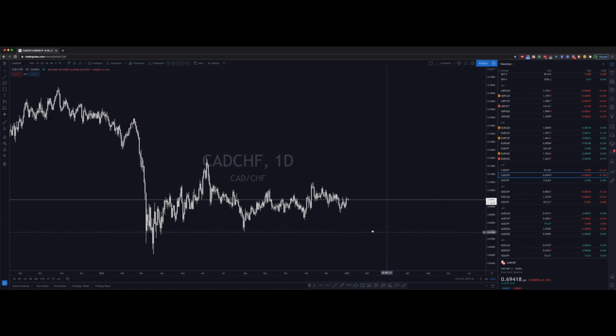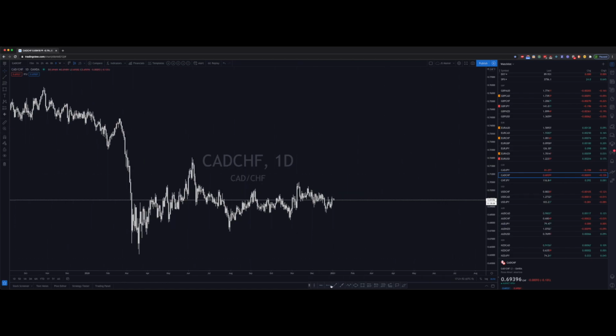CADCHF sideways, and all these pairs just moving sideways. Let's see, connect these lows, boom. So you have an uptrend happening on the daily. What we could probably look for with a nice momentum move would be a breakthrough of this level here.